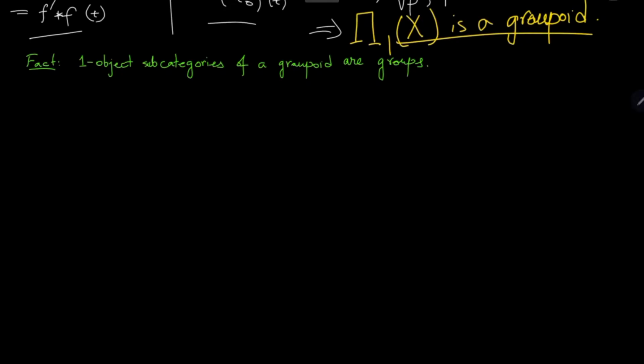Then it would be the case that groups are just one object groupoids. A group is a groupoid with a single object. I think this was in Aluffi. It was said like that once as a joke. Yeah, definition. A group is a groupoid with a single object. That was joke 1.1.